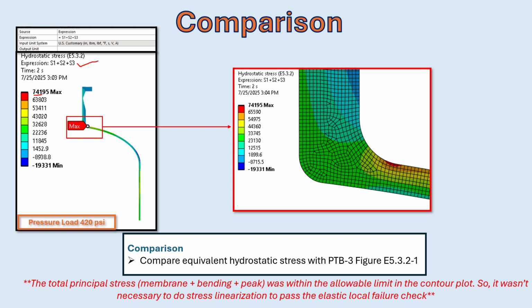That's why ASME checks this quantity against 4S to make sure the vessel does not fail due to excessive volumetric loading. The contour plot you see here is the sum of principals and it directly shows this invariant across the component. This confirms that the vessel passes the elastic local failure check under the design pressure of 420 psi.